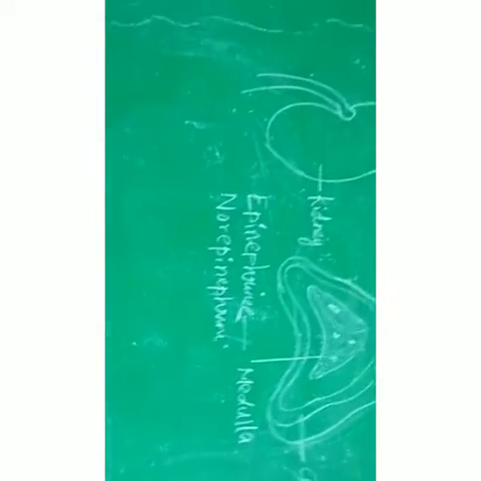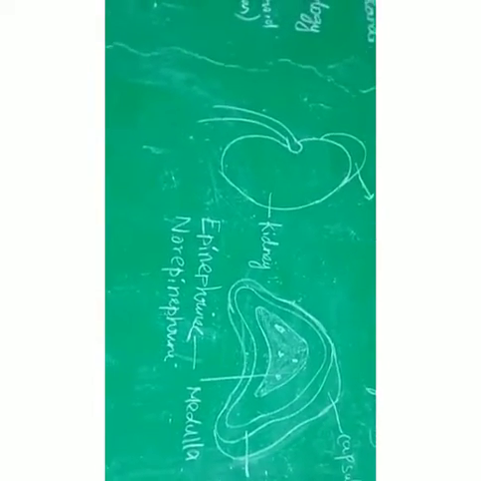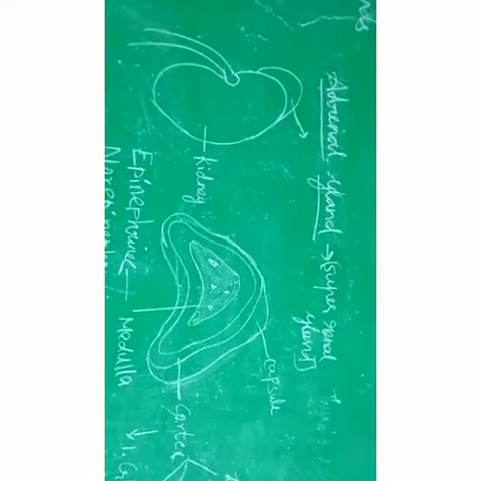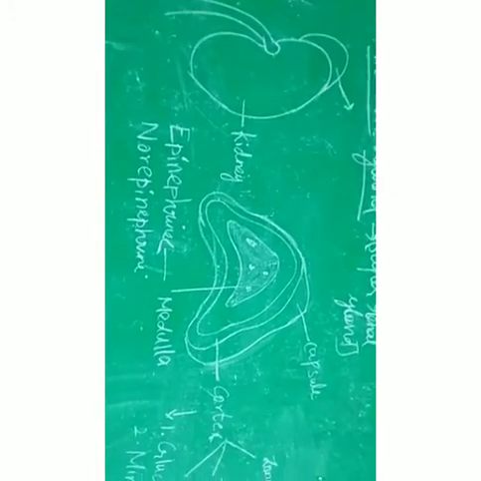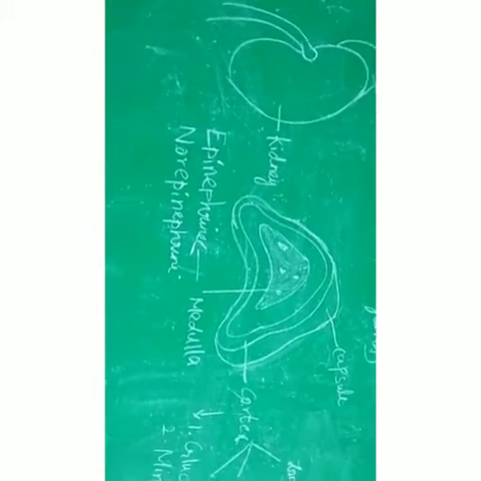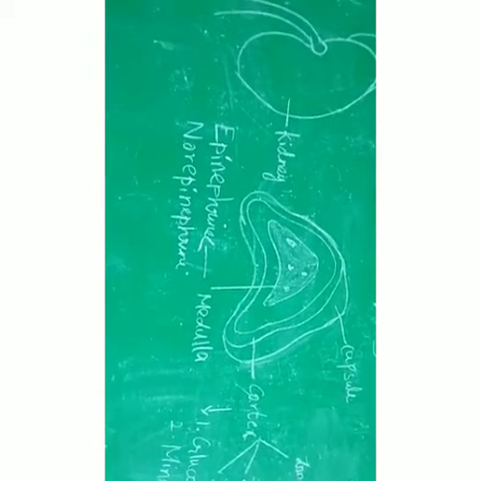So we have seen the adrenal gland. The adrenal gland is present on both kidneys, so it is also called the suprarenal gland. This gland has two regions, the outer cortex and the inner medulla.